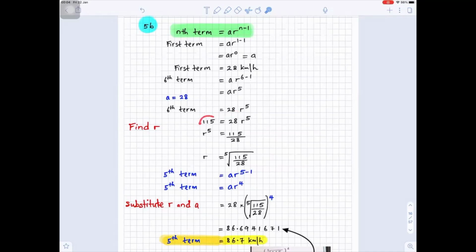But the sixth term is 115. So 115 is equal to 28 times r to the 5. So r to the 5 is 115 divided by 28. The opposite of r to the 5 is the fifth root. So we want to find the fifth root of 115 over 28.